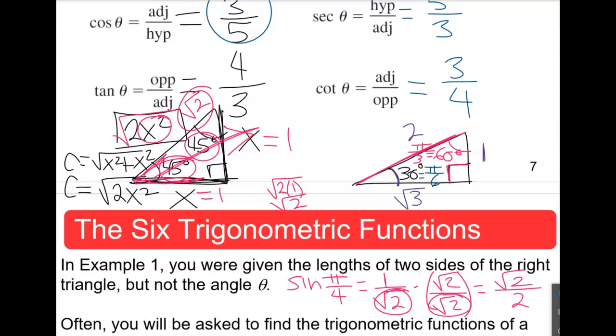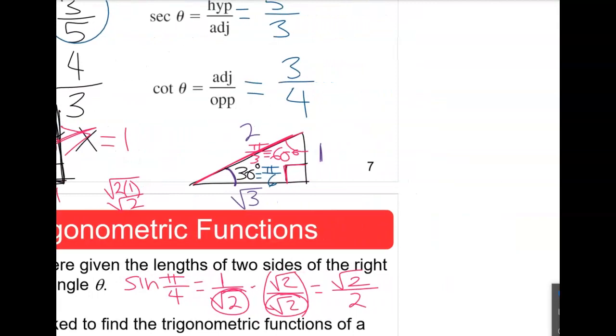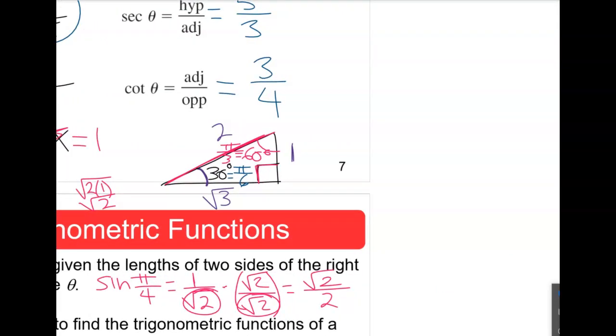So if I ask you what is the sine of 30 degrees, it will be the opposite side, which is 1, over the hypotenuse, which is 2.